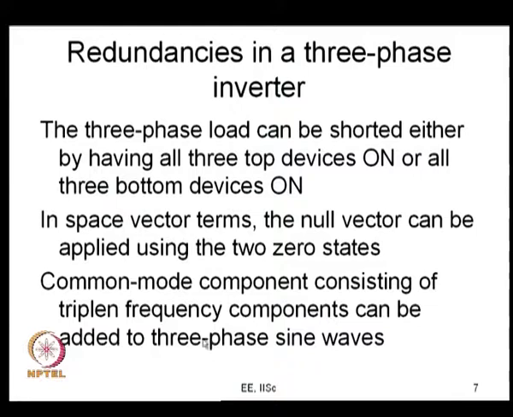If your fundamental is 50 hertz, your modulation frequency is 50 hertz, you can add a 150 hertz component, a small amplitude to the 3 phase sine waves. That is one example. We also saw certain other examples of common mode components in the previous lecture on bus clamping PWM. So, today in this lecture we would try to gain a better understanding of this particular thing that we are talking about, right.